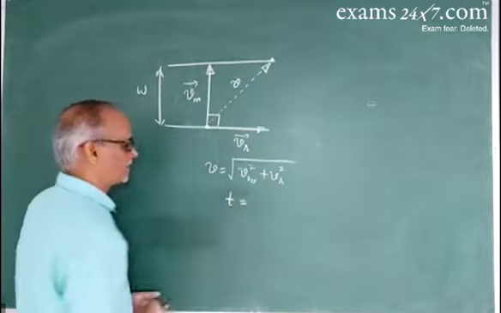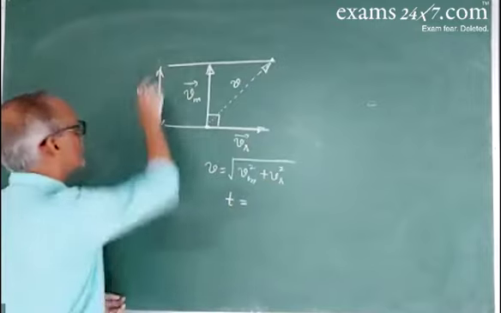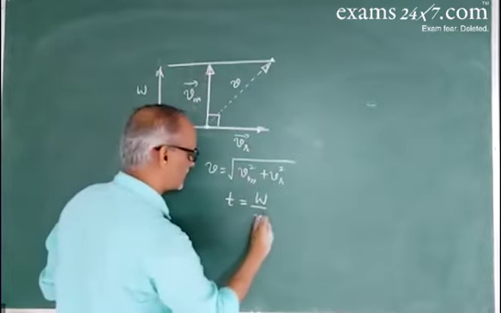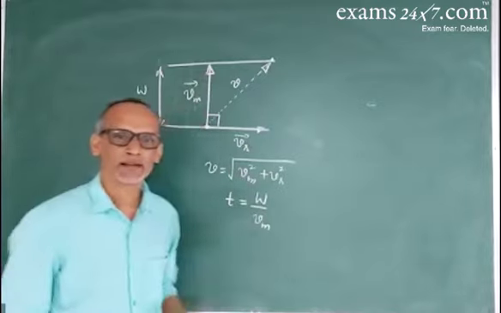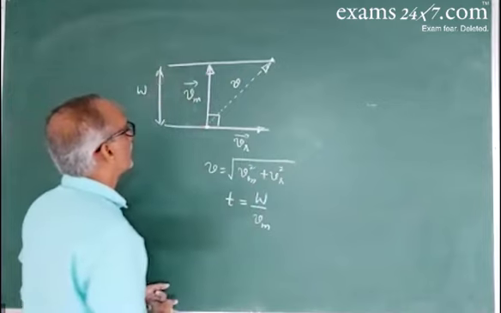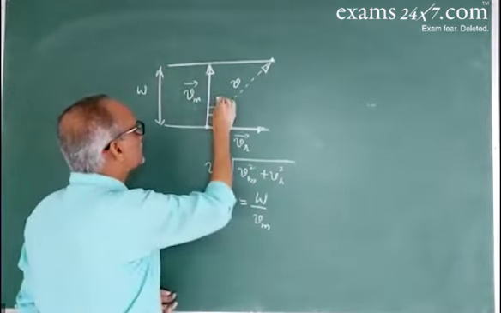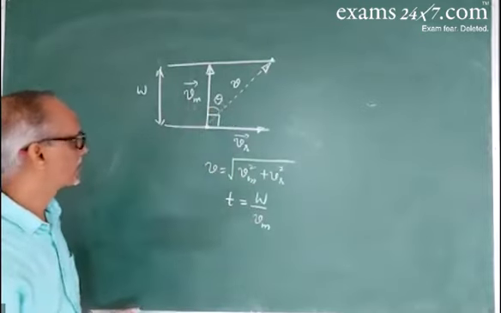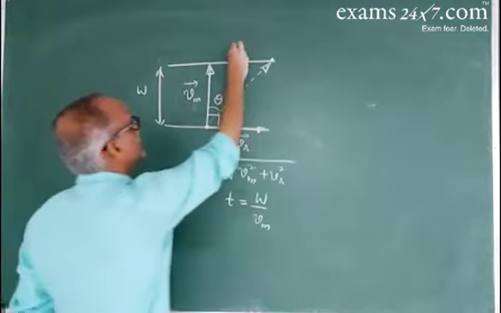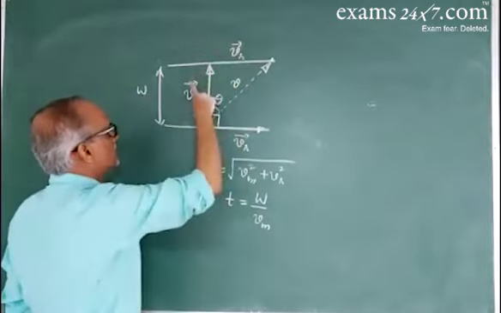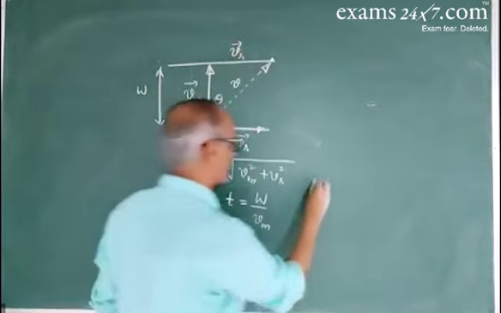Now what is the time taken? T is equal to the width, which is W, divided by Vm, the velocity along that direction. So this is how we can find the time taken by the man to cross the river. Then what is the angle made with the resultant, theta? So that also we can calculate. So if this is Vr, this is the opposite side, this is the adjacent. So Vr by Vm gives tan theta.